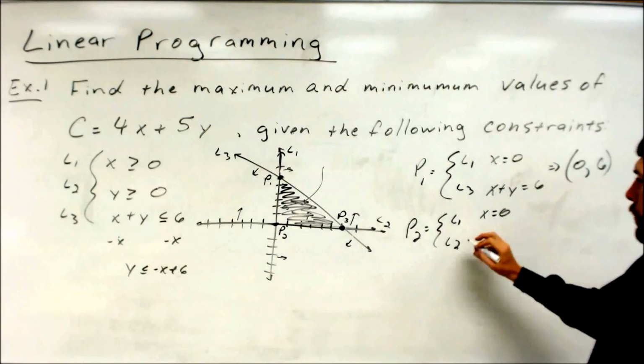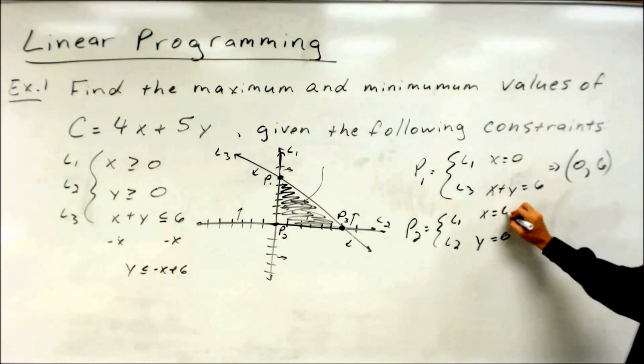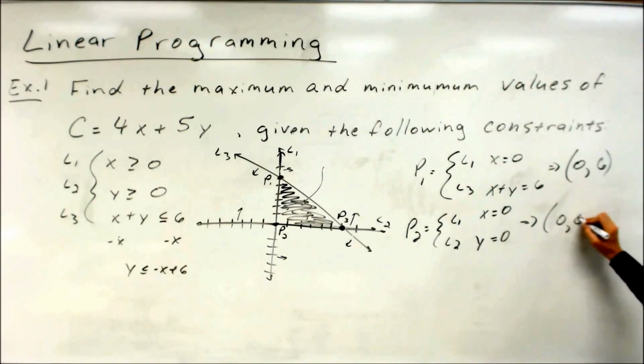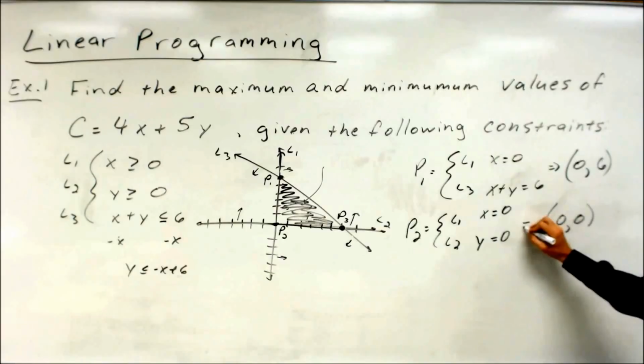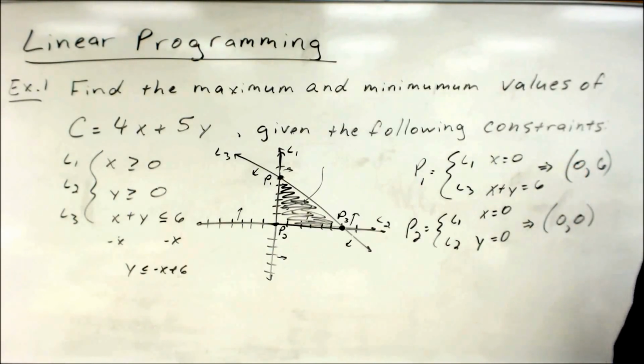Line 2, y equals 0. Well, there it is. There's your ordered pair, (0, 0). And this is just an arrow for those of you who didn't catch that.